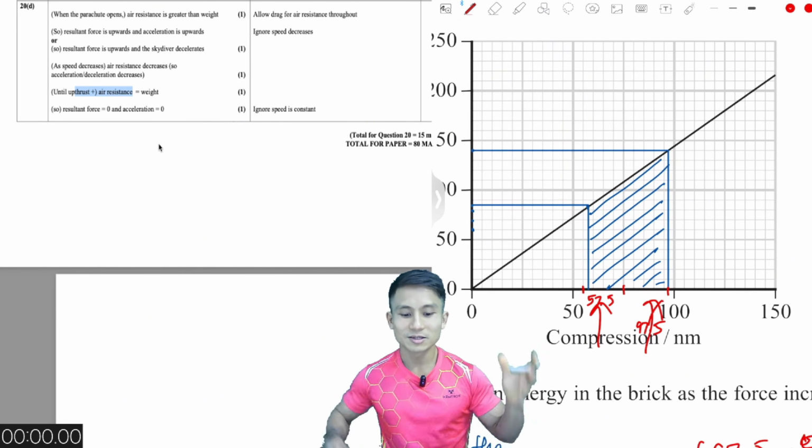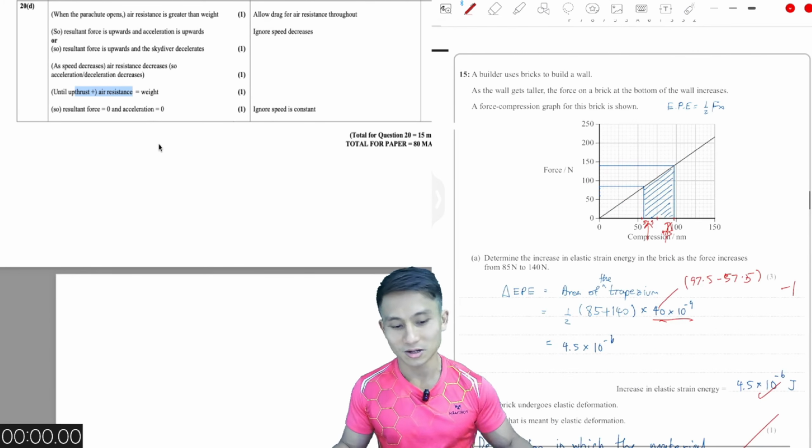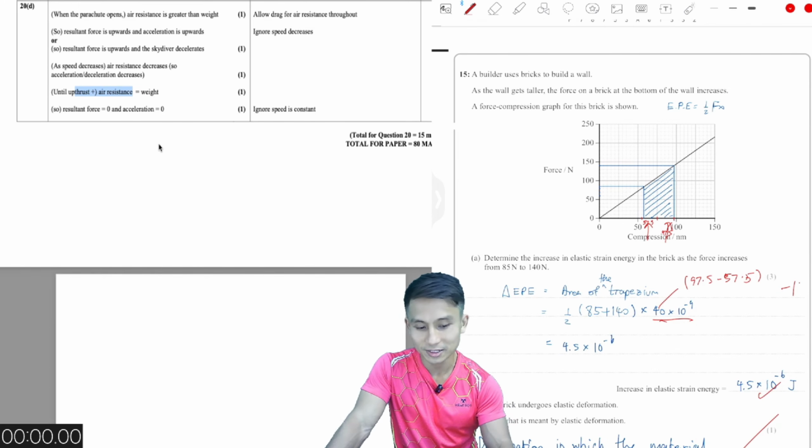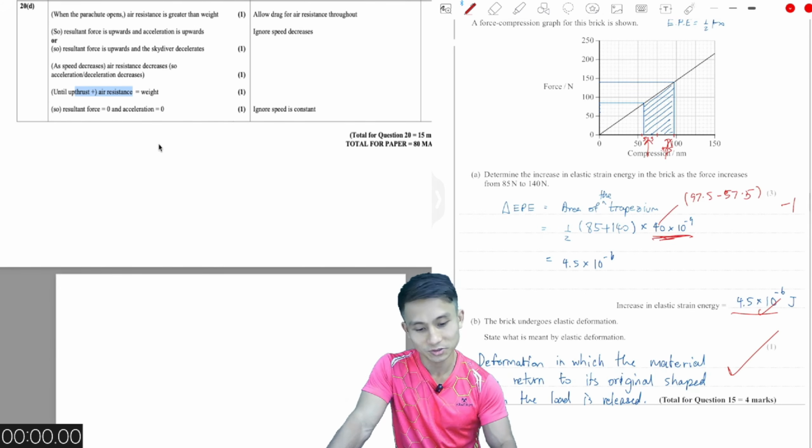Some examiner might be okay, but I think mostly not. So that's why I took 1 mark away. Though I got the final answer right and showed the working, so it should be fine for the final mark.